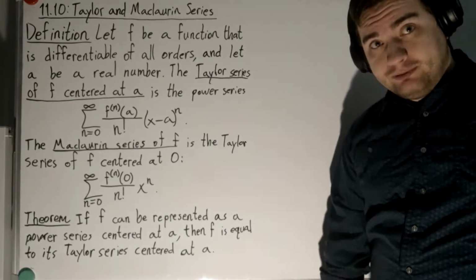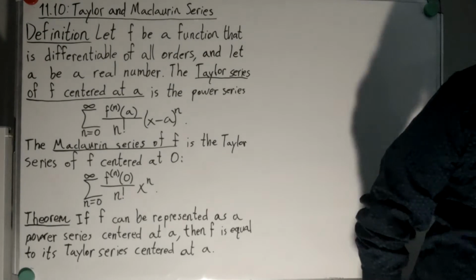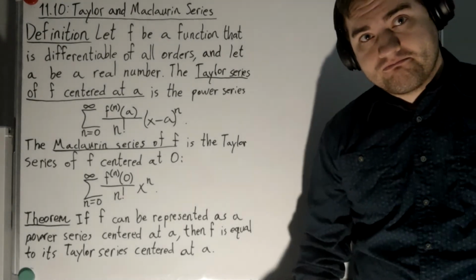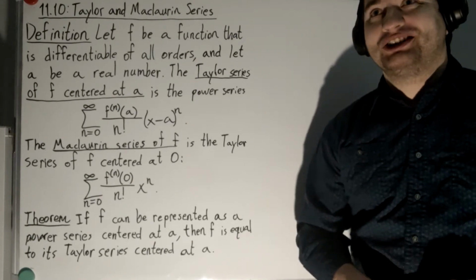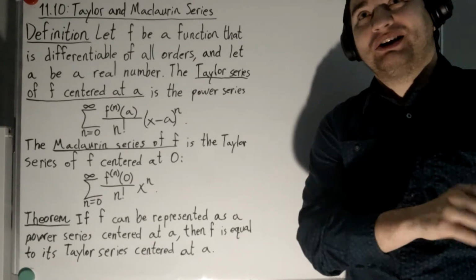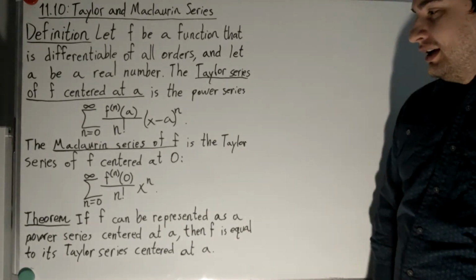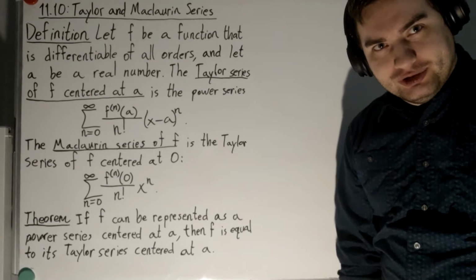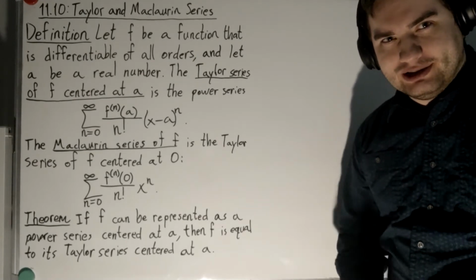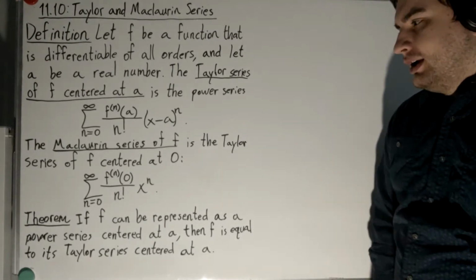Now, that's not true for all functions. What I'm trying to say is there are some functions that cannot be represented as power series on any interval. Okay? We won't really be concerned with those in this class, or the criteria that you need in order to be represented by a power series.